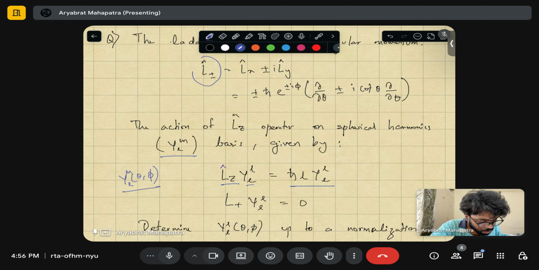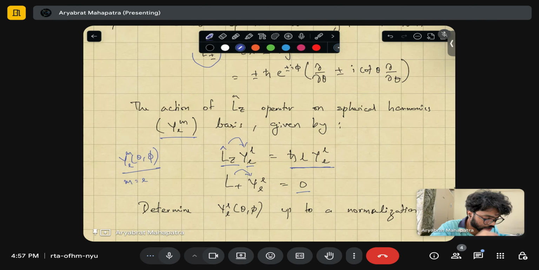When LZ is operating on YLM, it is acting on one specific YLM state, where M is equal to L. So on top you have M, and on top you have L. When LZ acts on that particular YLM, where M is equal to L, you get h bar L YLL, and when L plus acts on it, you get 0.